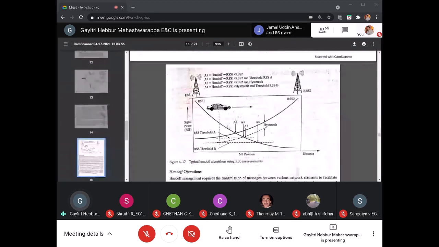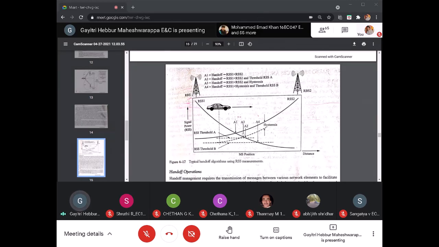This is radio base station 1 and radio base station 2. Handoff: received signal strength 1 is less than received signal strength 2 at A1. Obviously at A1, RSS1 is less than RSS2, so this is the maximum signal strength at A1.